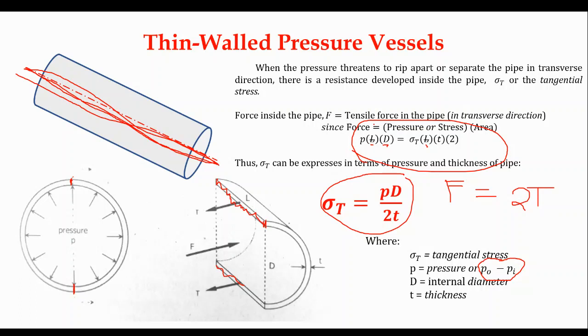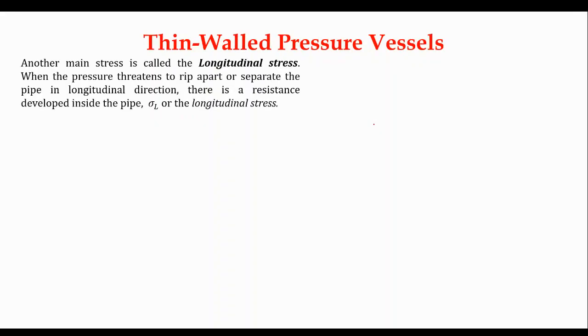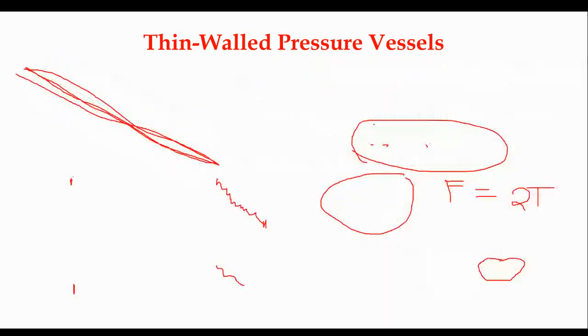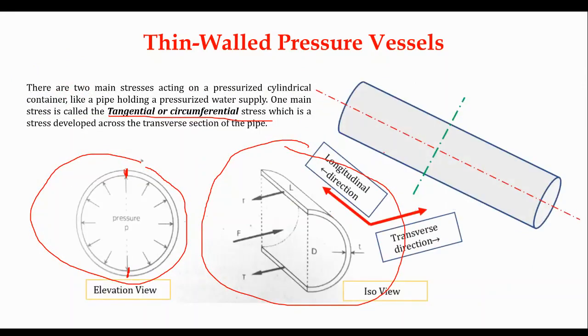Okay, so mauna ang ano ha, tangential. How about the longitudinal? So, ang longitudinal stress, balik na to sa to ang ano kaganina, introduction. Ang longitudinal stress, ang pag-fail sa imuhang pipe is along this direction kanang naka-green na linya.